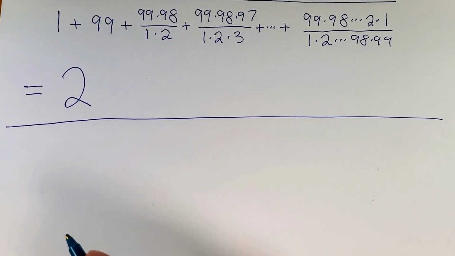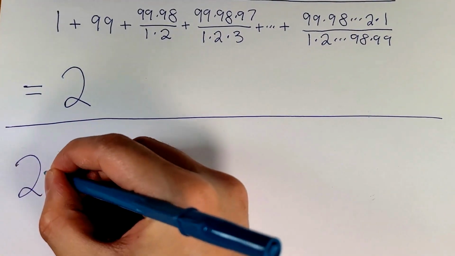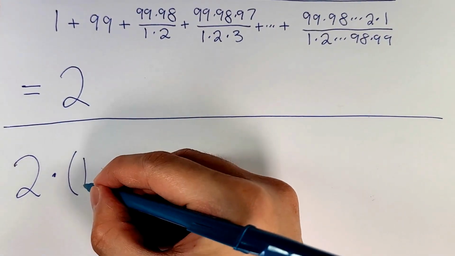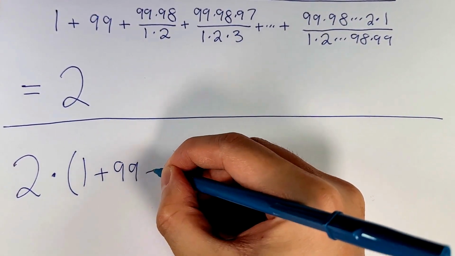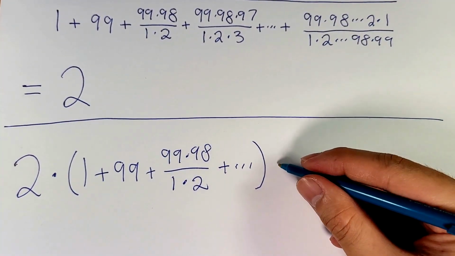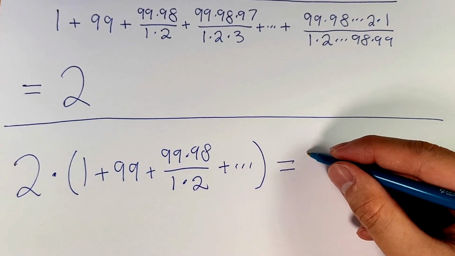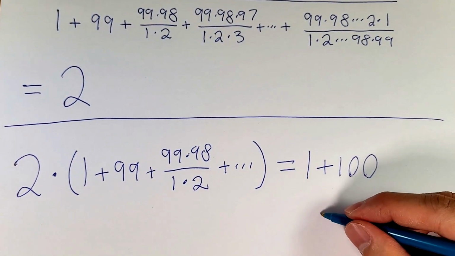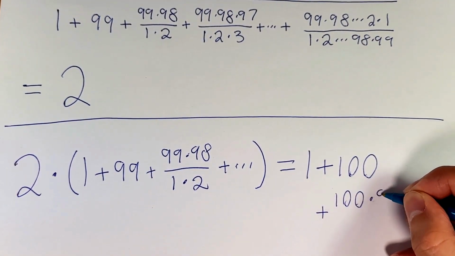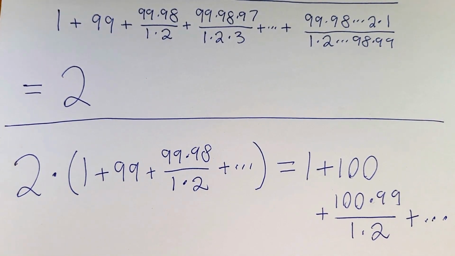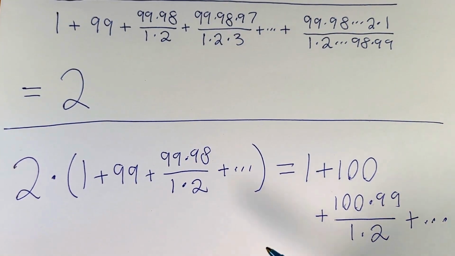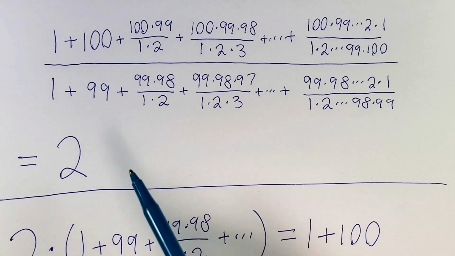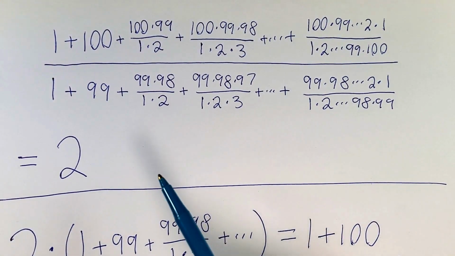And what I get here is this: 2 times the denominator equaling the numerator. So what this means is that if I can show this is true, then I can show that this original equation is true.